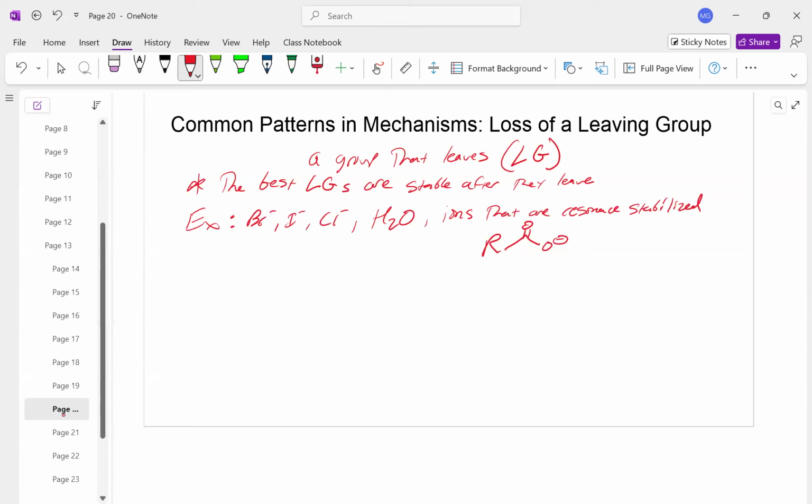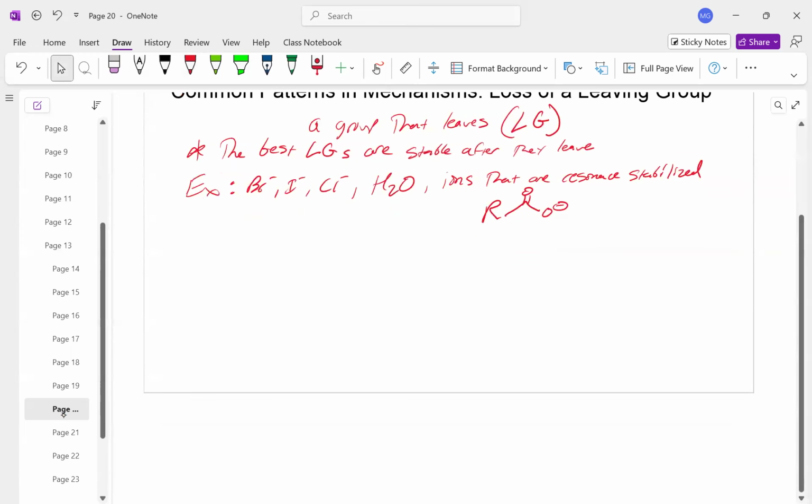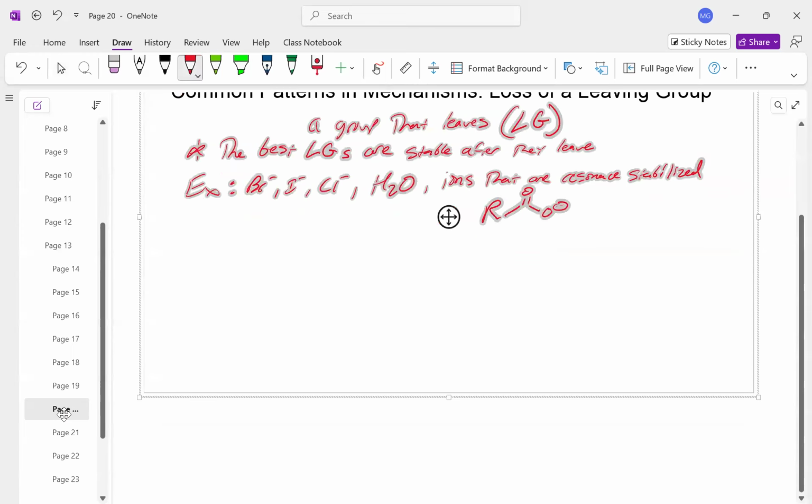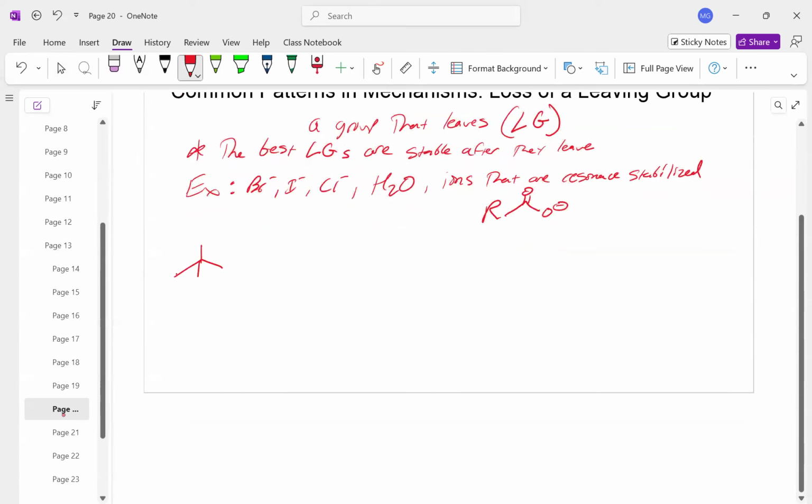So let's take a look at some examples of what the mechanism looks like for a leaving group leaving. So here's the overall step. Ask yourself, what happened here? Well, that carbon-bromine bond is no more.